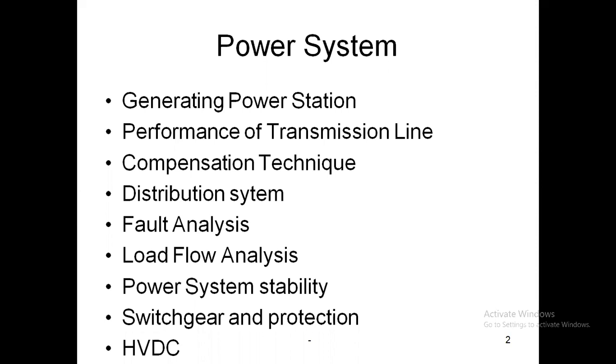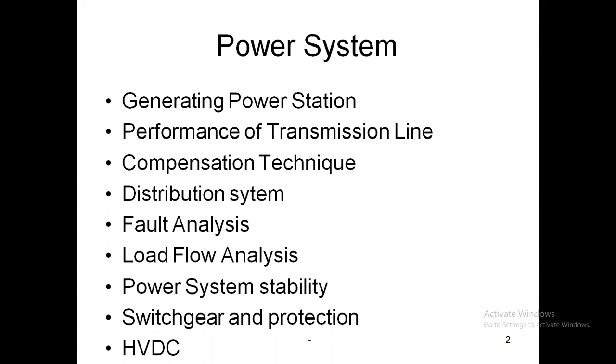If you look into your surroundings, you will find most of these components, generation, transmission, or distribution. These components will be discussed under the power system course in a systematic way: how we generate electrical power, how we transmit it from one place to another, and how we distribute it among the consumers.